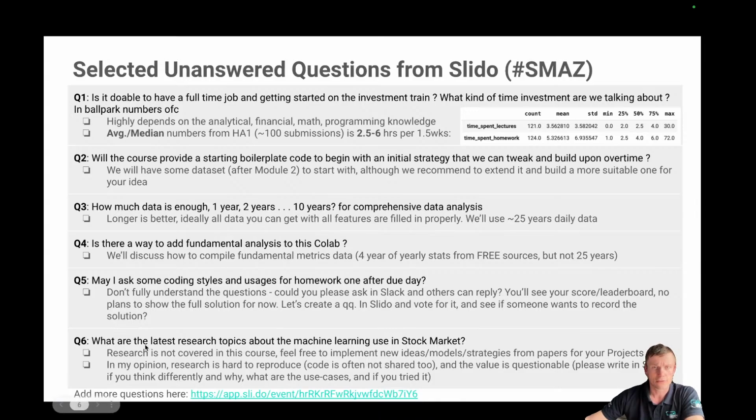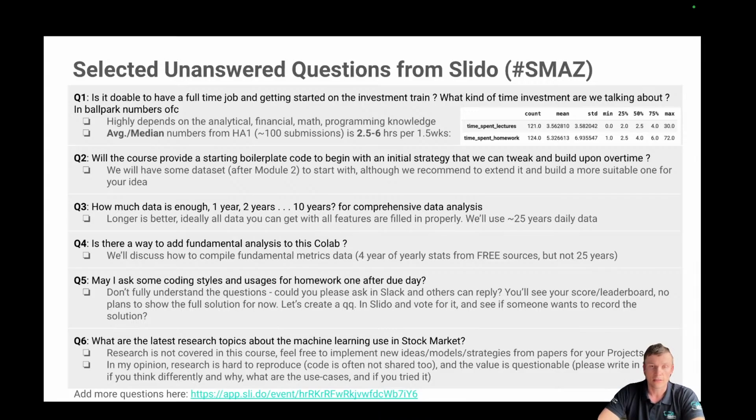What are the latest research topics about the machine learning used in stock market? So research is not covered in this course. If you know about something interesting, if you could replicate, feel free to use it for the projects and share with everyone.